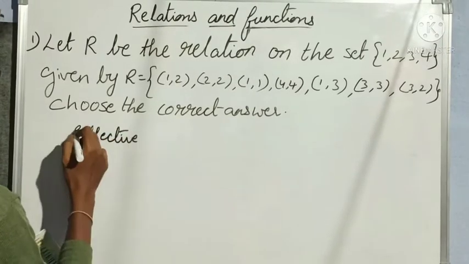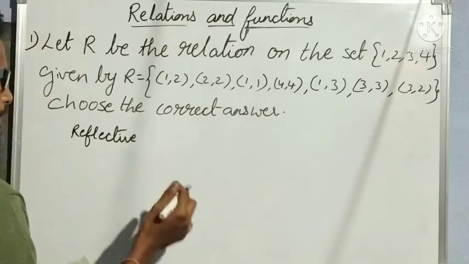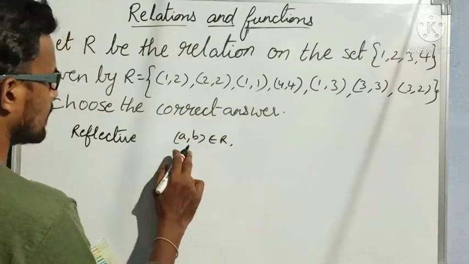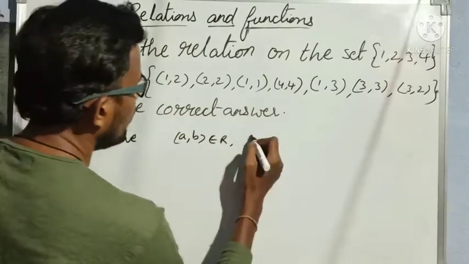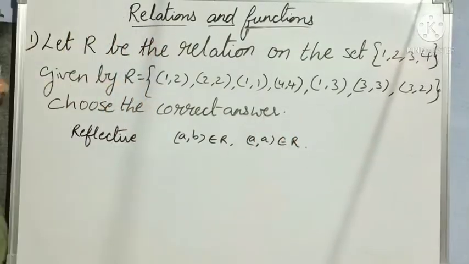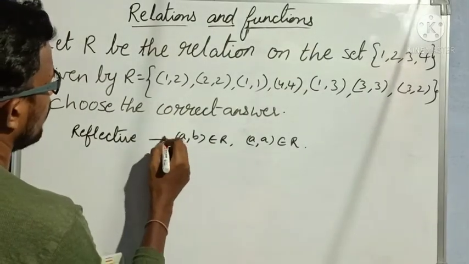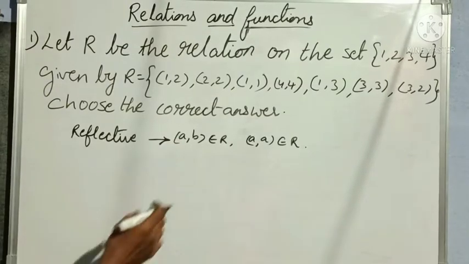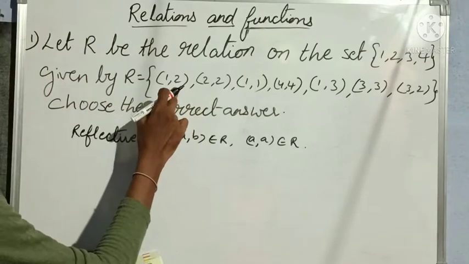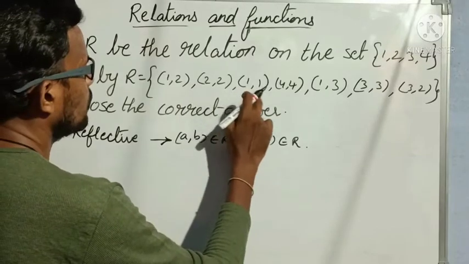When can we say that a relation is reflexive? When (a, b) is an element of the relation, then (a, a) should also be in that relation. Such a relation is called a reflexive relation. Suppose here in place of (a, b) we have (1, 2). When (1, 2) is there in the relation, then (1, 1) should also be in the relation.